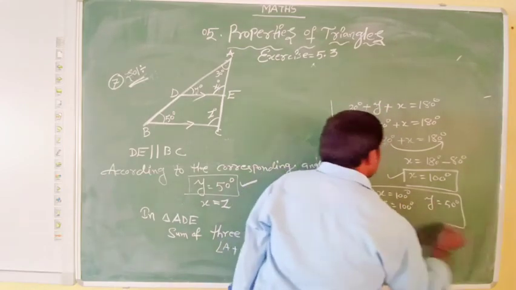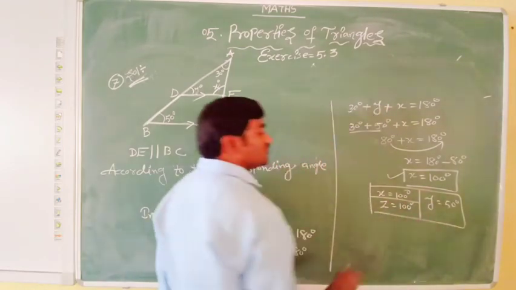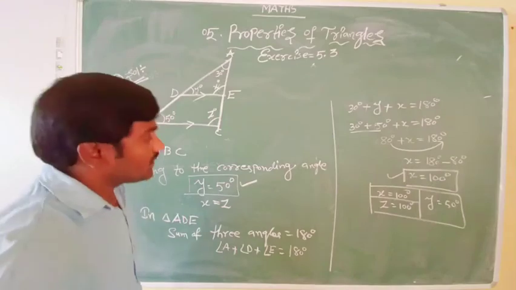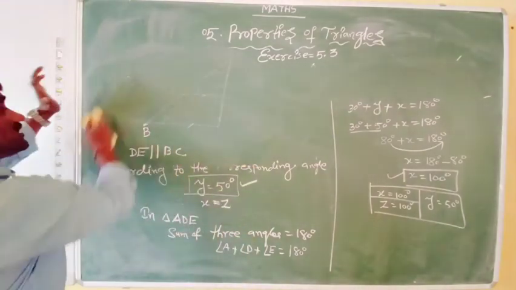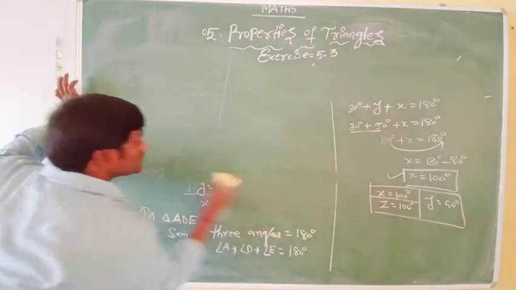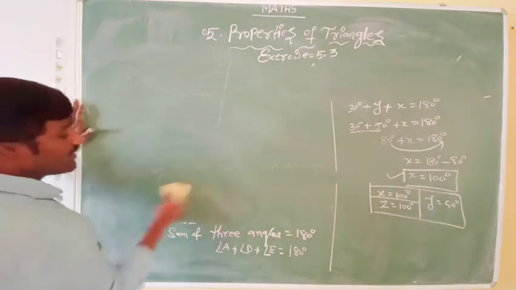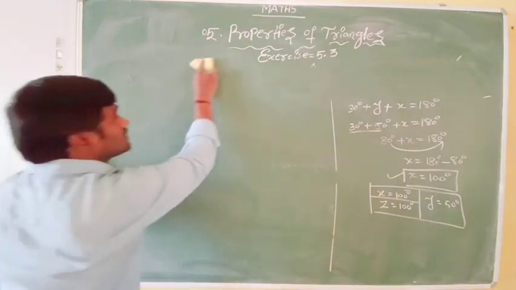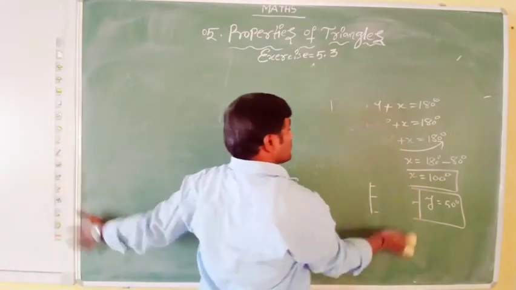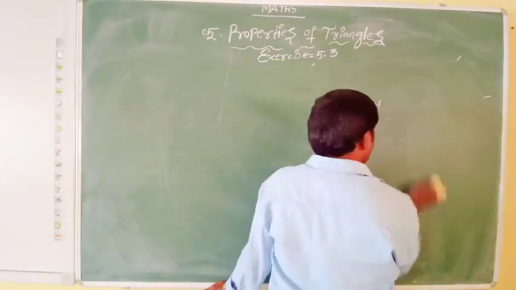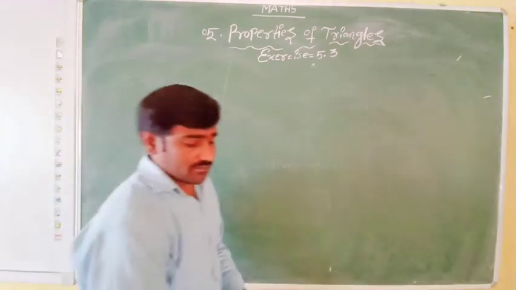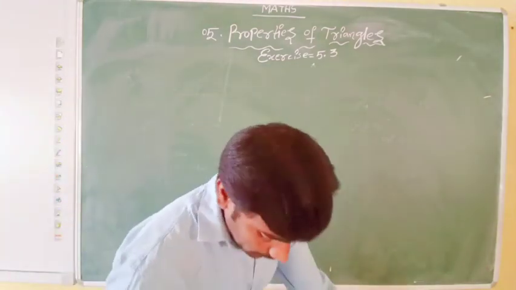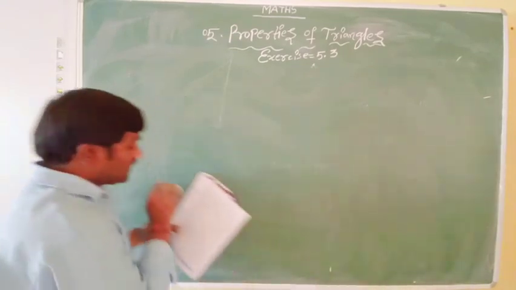So we got all the values X, Y and Z. This is question number 7. I hope you understood. See the lines and angles video so that you can understand the meaning of corresponding angles and alternate angles. I discussed all these topics in that chapter. So we go for question number 8.